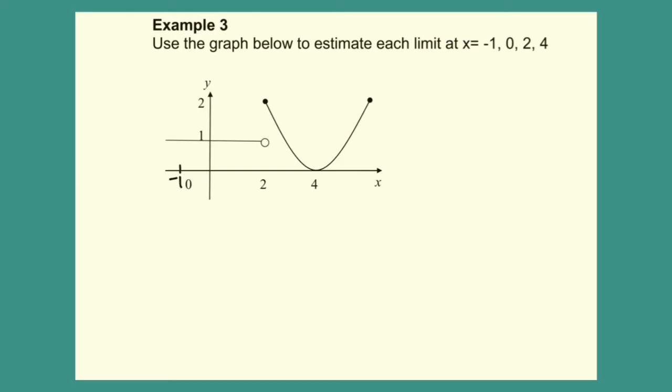We have the same graph for the left of negative 1 and right of negative 1. This graph shows that y equal to 1 from the left of negative 1 and the right of negative 1.